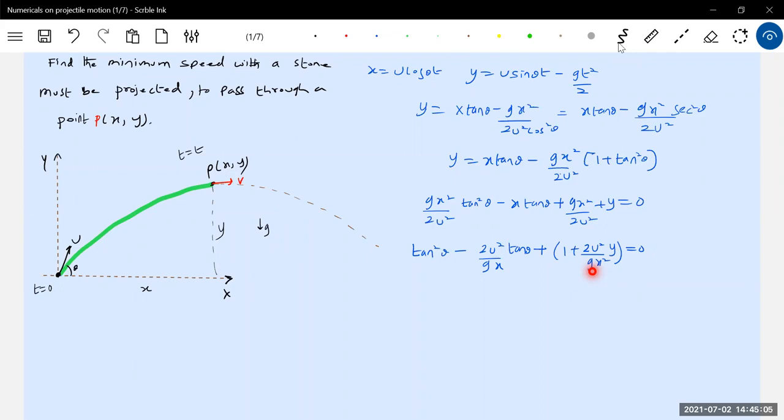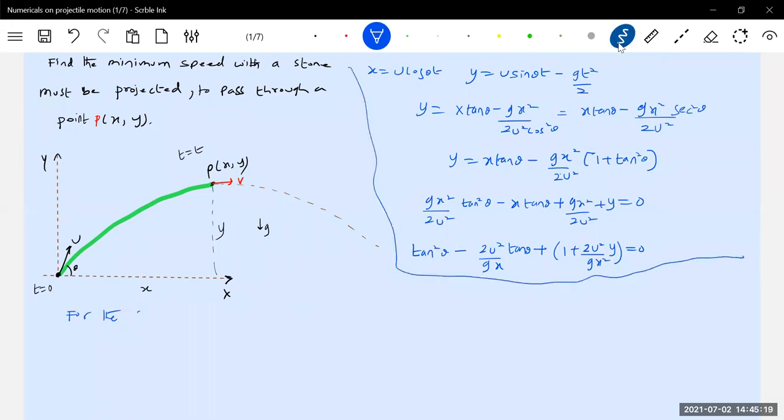So now for the stone, okay, I can write it here. For the stone to pass through the point P means the situation should really take place, or it should be realistic.